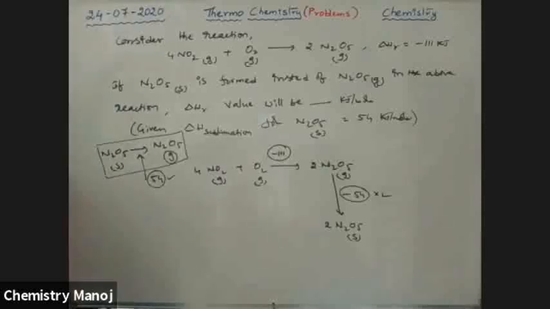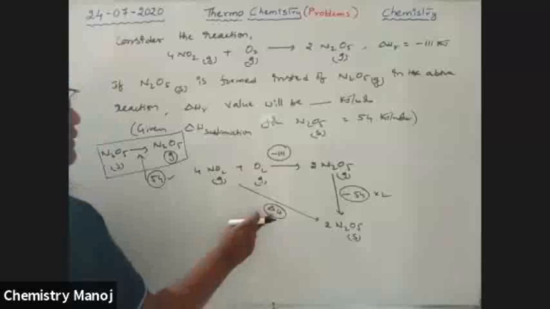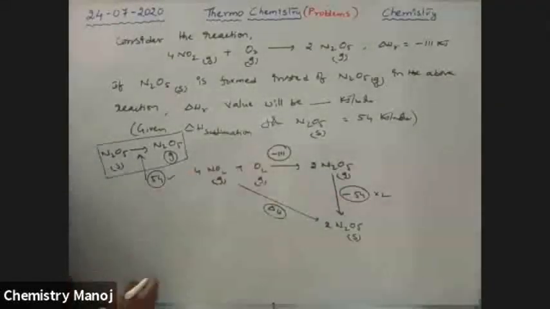Therefore, the total delta H, that is the direct step energy, is equal to the sum of multiple steps according to Hess law.